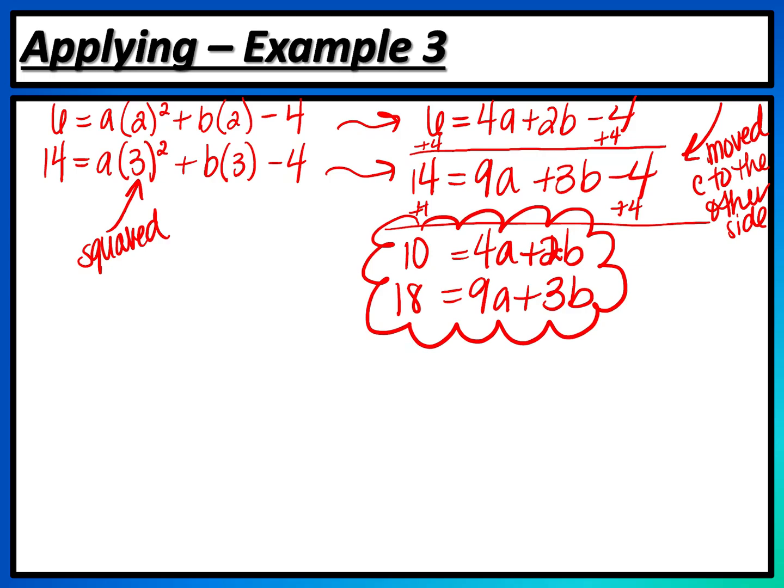Okay, so I think that elimination is probably our easiest option here. Okay, since I don't have a coefficient of 1 in order to substitute. Okay, so I'm just going to rewrite again over here so it's clean and I can solve.